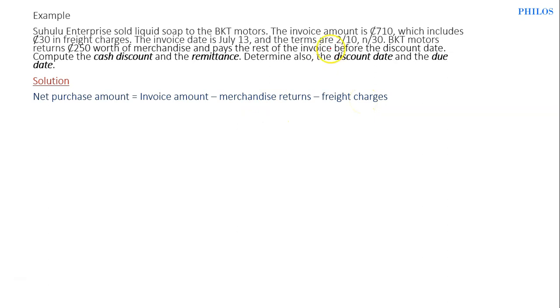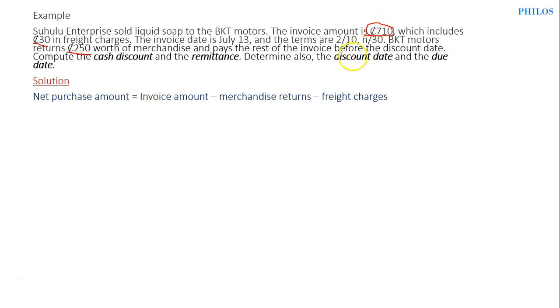Now, when you look at the question again, the invoice amount is 710 cedis, which includes the freight of 30 cedis. And BKT Motors returns 250 worth of merchandise. So this is the merchandise return, 250.